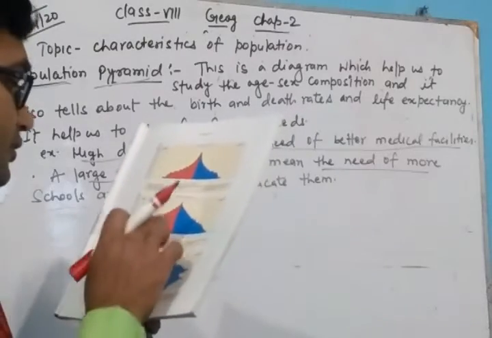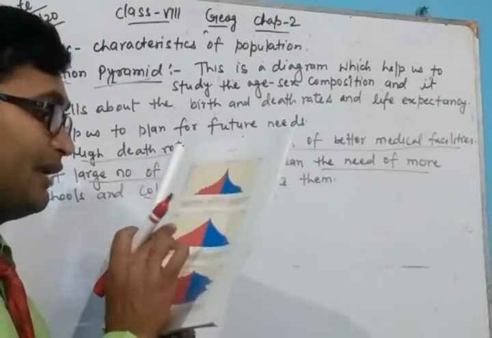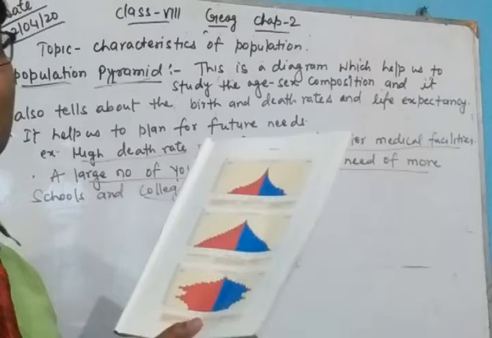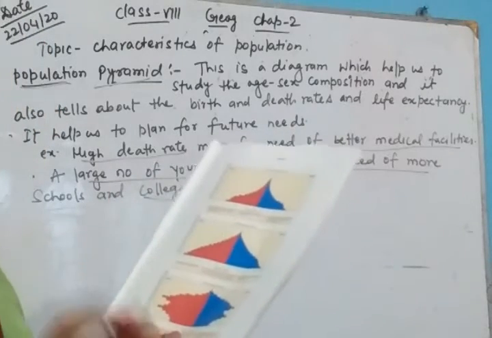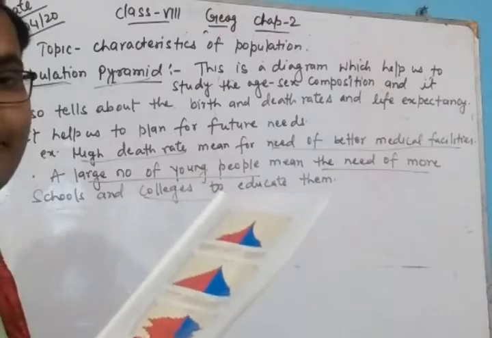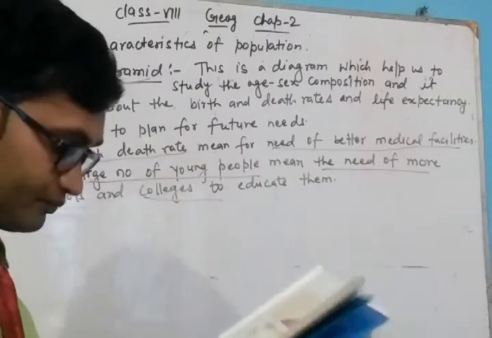The slightly broader top shows increasing life expectancy, meaning more people in India die after 65 and 70 years.